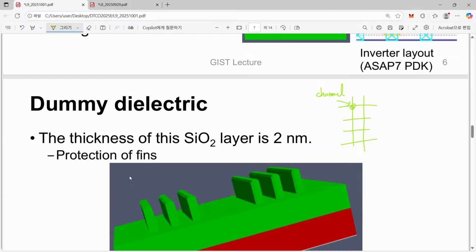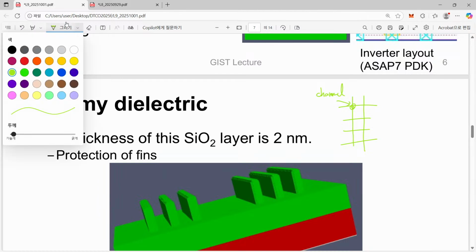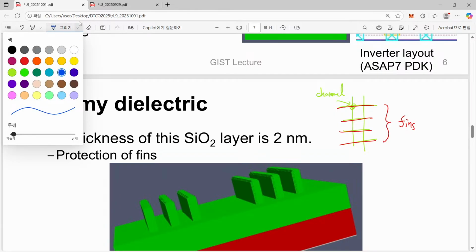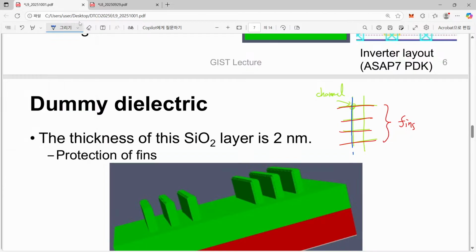That can be the usual way to think, but unfortunately, these fins we have made are real fins. We will use these fins as channel material later on. But from now on, we will try to make this gate structure to define the channel.